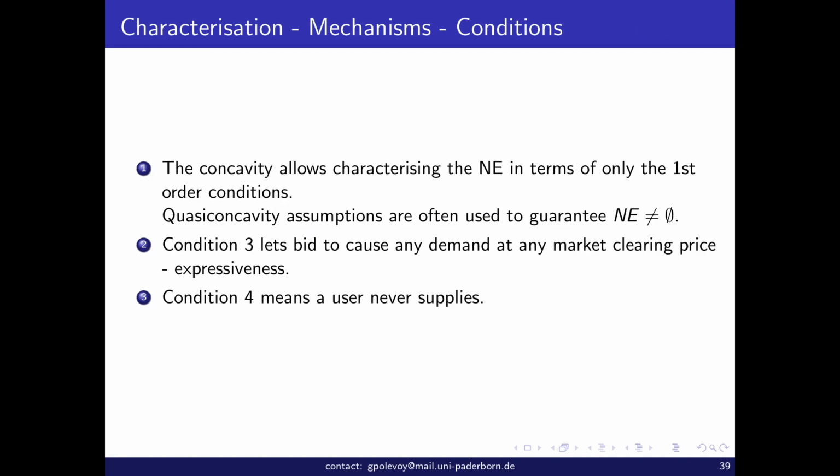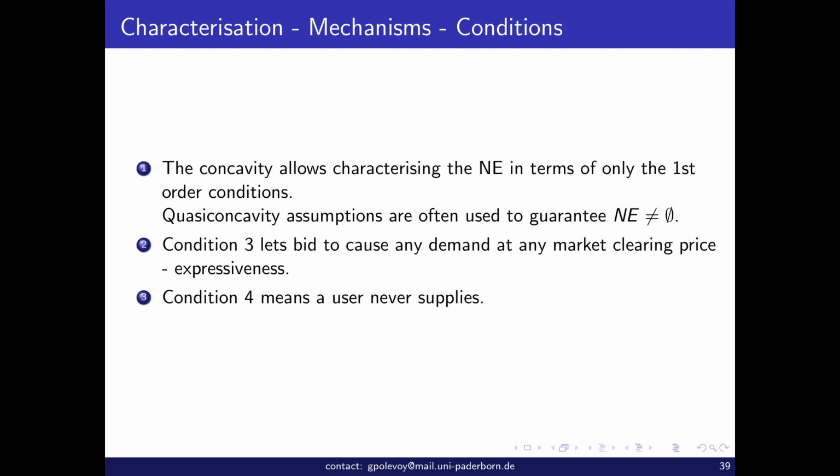Now, let me just, as promised, justify the conditions we have. It does not tell why only those. I assume that, as I said, it will seem to be enough for the theorem. Now the concavity condition, that's something which is often used to guarantee non-emptiness of Nash equilibria.